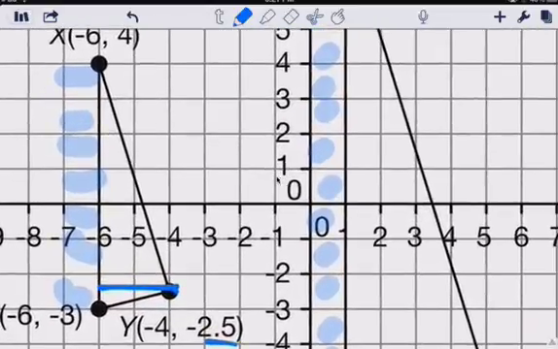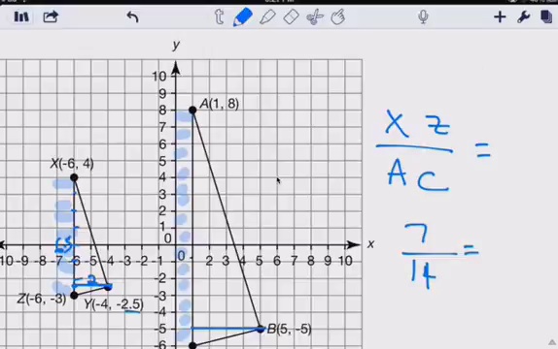Okay. So this is... well, that's basically 2. And this is 1, 2, 3, 4, 5, 6, 6.5 right there. Okay.